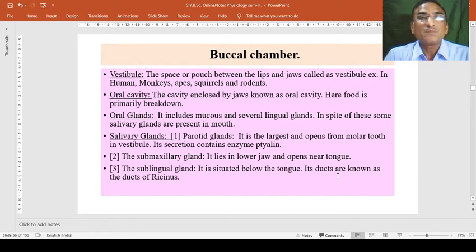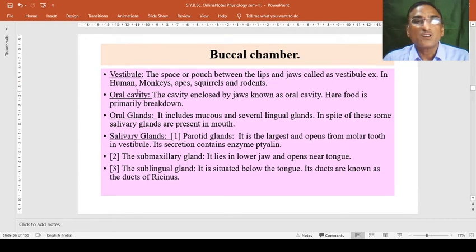In the buccal chamber, how is the digestion completed, what are the activities carried out in the buccal chamber? We will see, first of all, the vestibule, the space or pouch between the lips and jaws called the vestibule. So this is the spacious area.